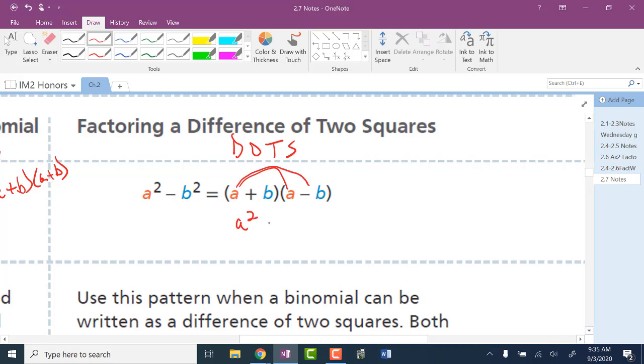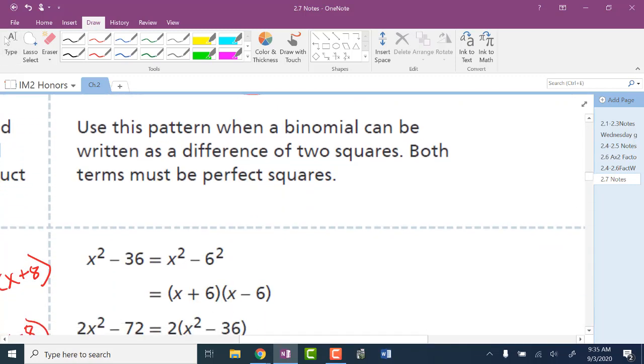This is negative AB. This is positive AB. And then this is the difference here, minus B squared, not plus the last term squared, minus the last term squared. Then these middle terms fall out. Good FOILers are good factors. Foiling, factoring. They are reverse operations of each other.